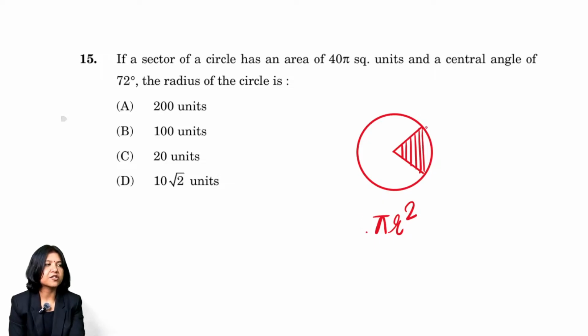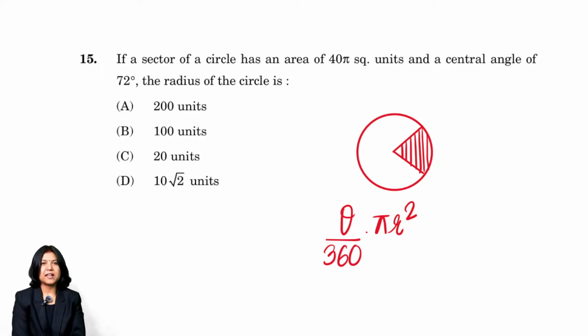What fraction of the area is considered here? That is decided by the angle made at the center upon 360. Whatever fraction the angle makes with the total of 360 degrees, that fraction of the area is the area of the sector. So this is the formula for the area of the sector.